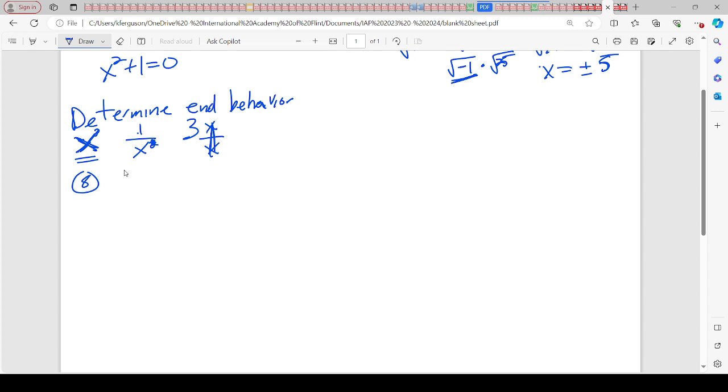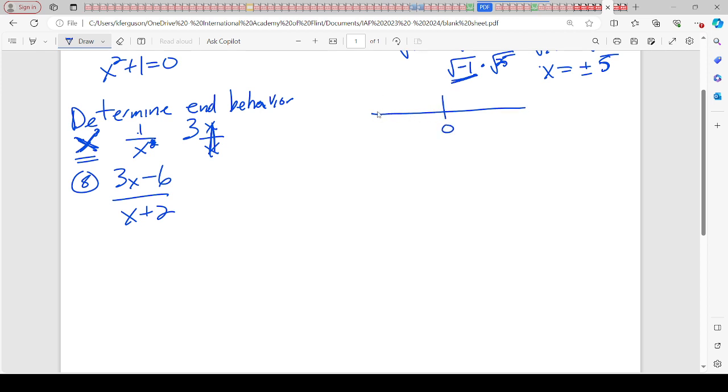So 8. 8 is 3x minus 6 over x plus 2. So anyway, when looking for end behavior, okay, I'm thinking about the variables that I'm plugging in for x. You can think about it like a number line.